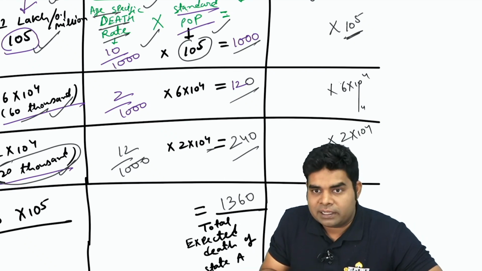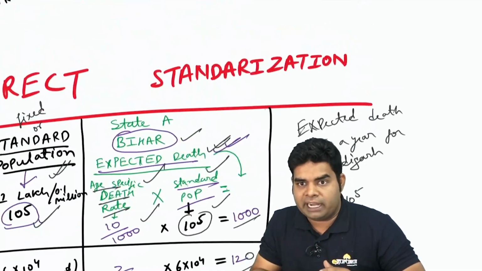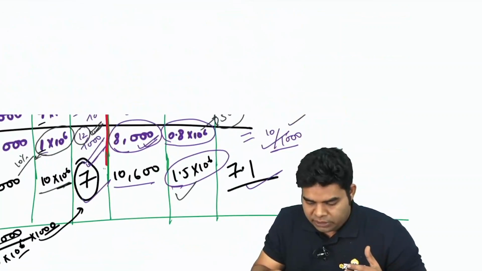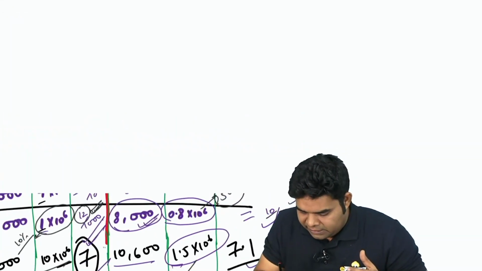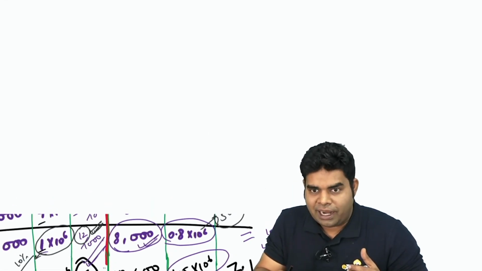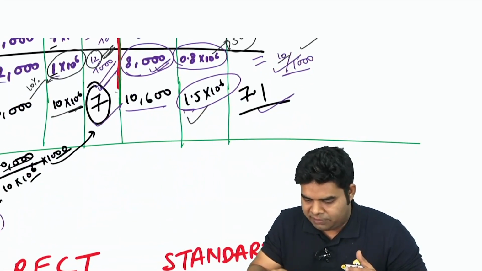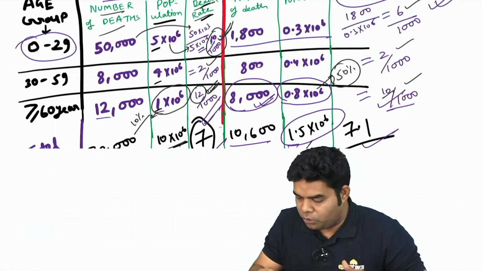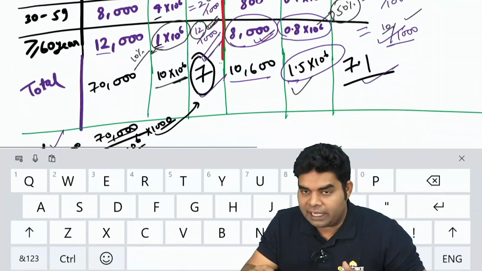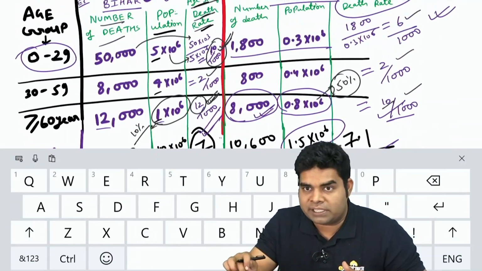So this is the same. The age-specific death rate we can take from the above table. So the age-specific death rate for Chandigarh was 10 in this age group, 2 in the one above, and 6 above that. But 10 is here for the last age group. Then it is 2 and then it is 6. You can see 10, 6, 2 and 10.